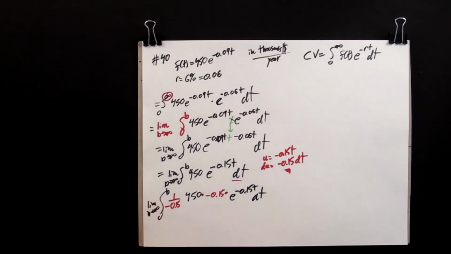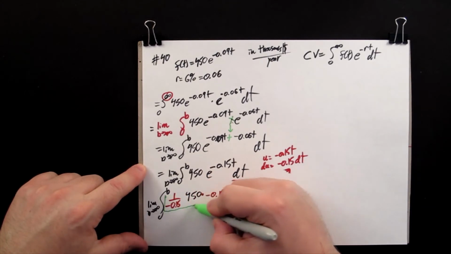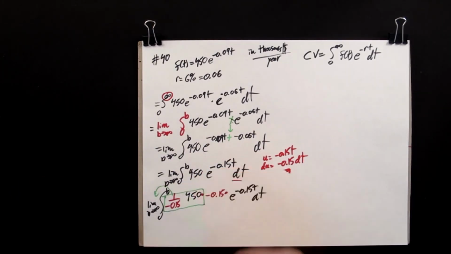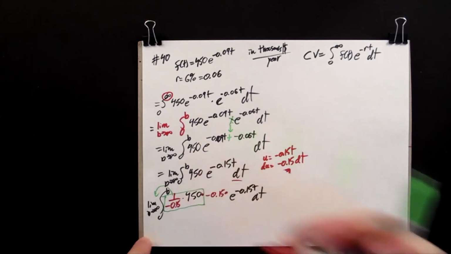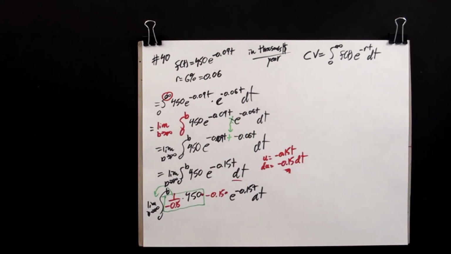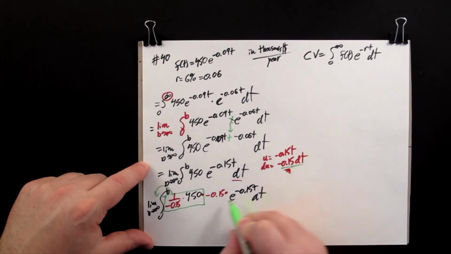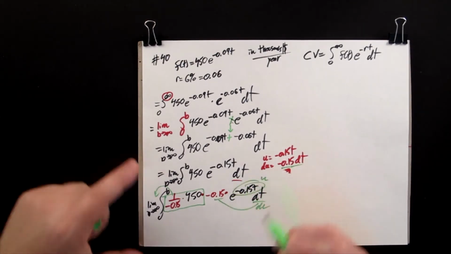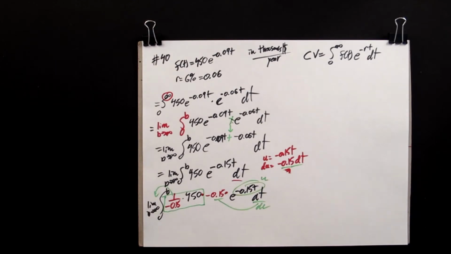This coefficient is constant, so it can just get pulled out, and then we're left with the du and the e to the u. And so our substitution is good.